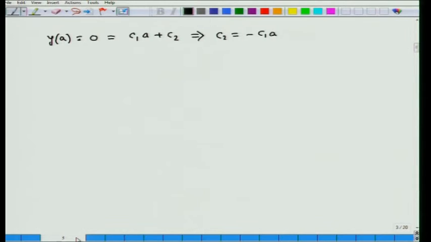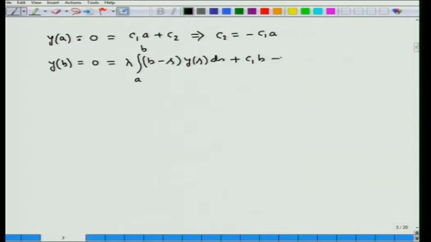And using the second condition, that is y(b), which is again equal to 0, we find this is equal to lambda times the integral from a to b of (b minus s) y(s) ds plus c1 b, and for c2 we can write minus c1 a.